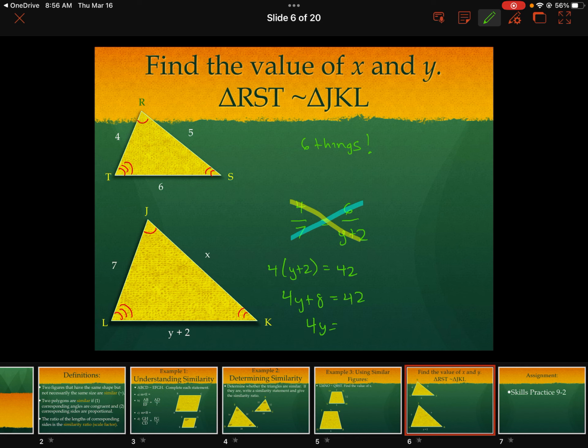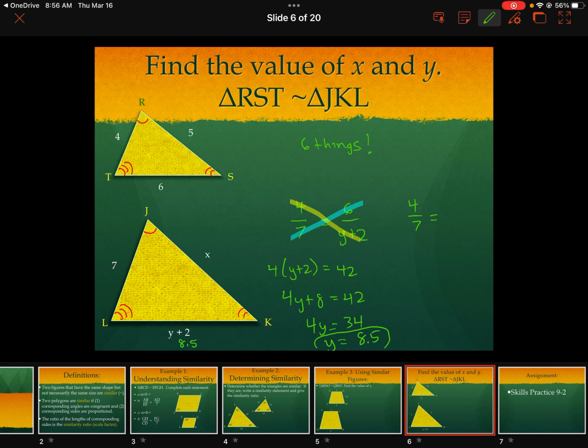Take away 8, and then divide by 4. And that's going to give you 8.5. That's your y value. Now look on the picture how the bottom side is not y, it's y plus 2. So you're going to get 8.5 for that length.